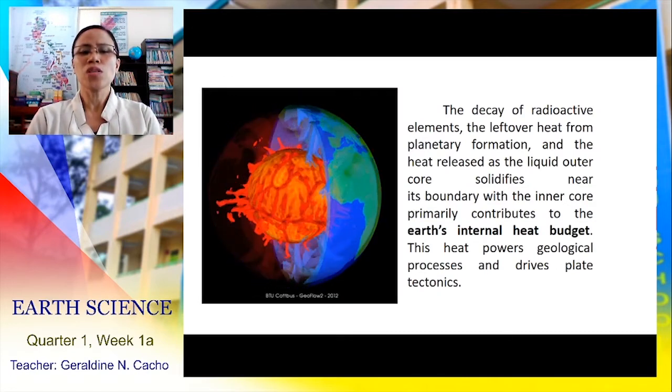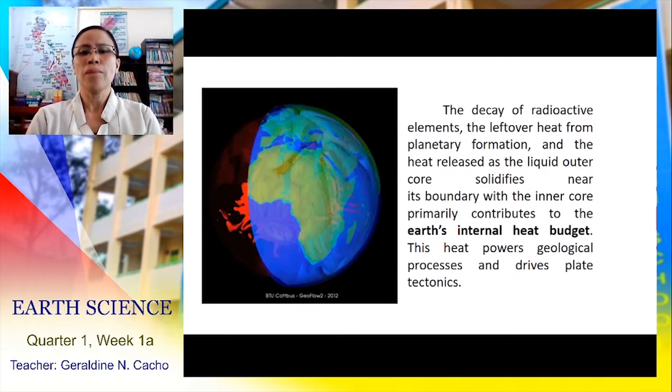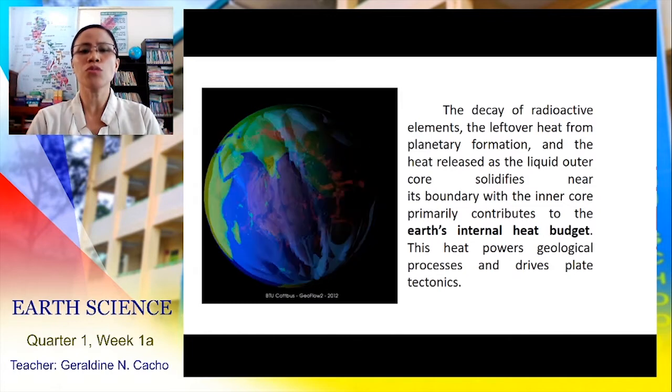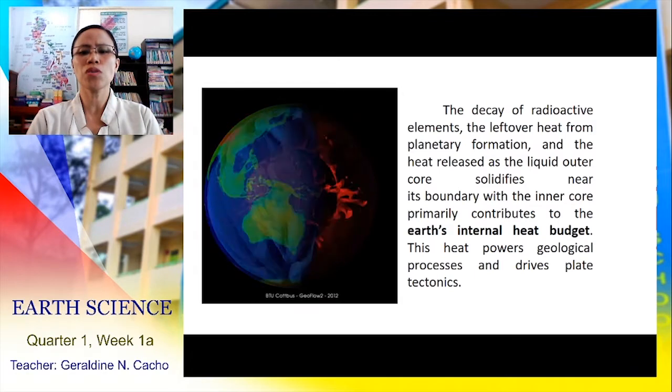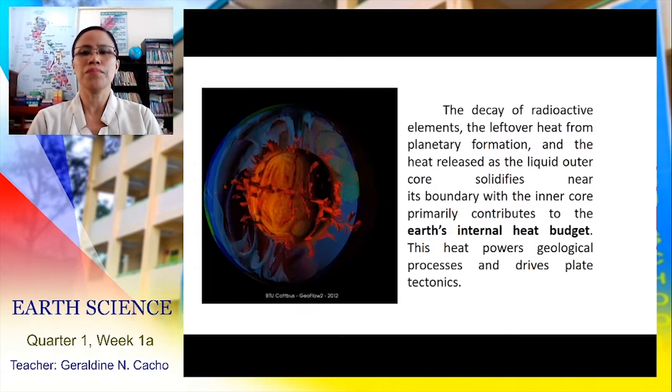These elements are also very important. They contribute to the internal heat budget of our planet. This heat powers geological processes and drives plate tectonics.